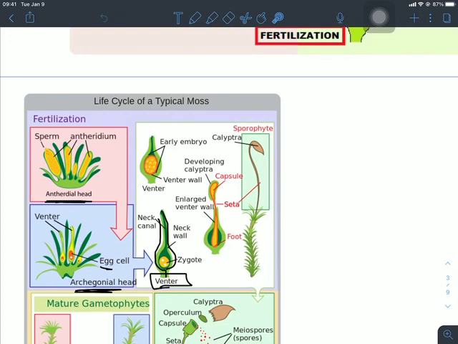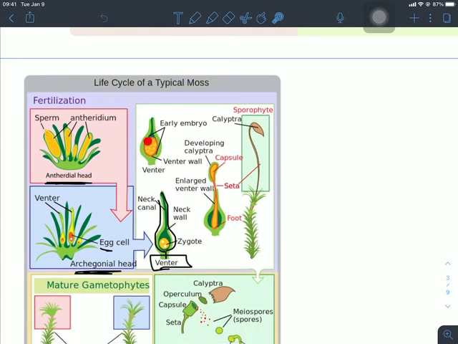Once the sperm has swam in, it will fertilize the egg, making a zygote. The zygote, growing and growing and growing, getting nutrition from the gametophyte. It will then grow what's called a foot connection, a setae stalk, and a capsule.